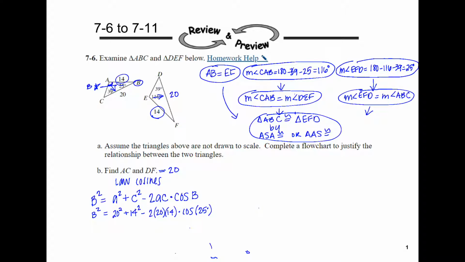When we type this into a calculator, we get B squared is equal to about 88.467. When you take the square root of both sides, you get B is equal to 9.4. So the side length of AC is about 9.4 units long.